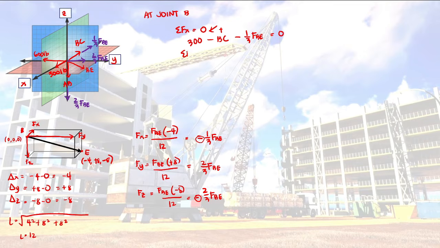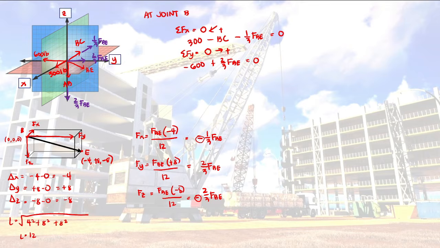Then summation of forces in Y is equal to 0, positive to the right. So we have 600, that is negative. Then we have positive 2/3 of FBE. What else? We don't have any other Y forces, so this is equal to 0.